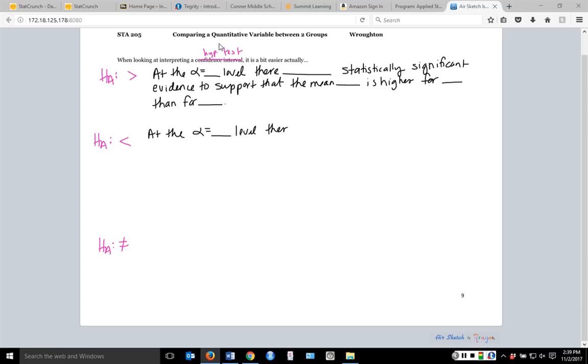Again, depending upon if I reject or not, I'm either going to say there is or is not statistically significant evidence to support that the mean, whatever we're talking about, so again maybe exam score, is lower for one group than for another.